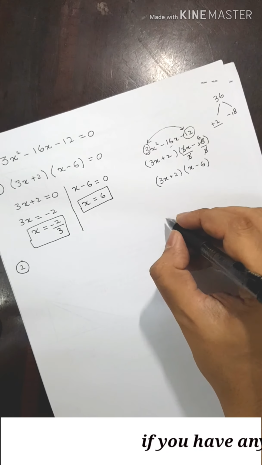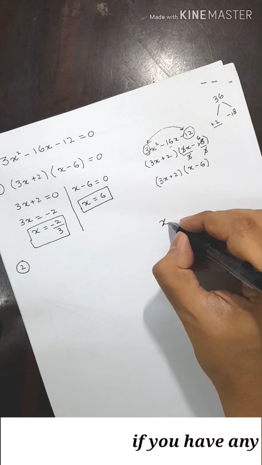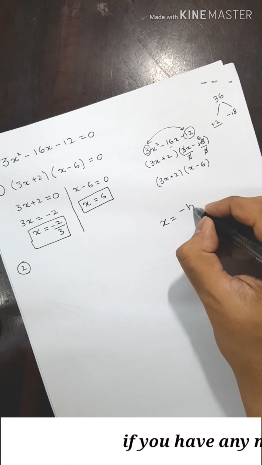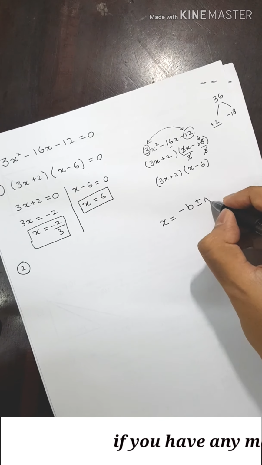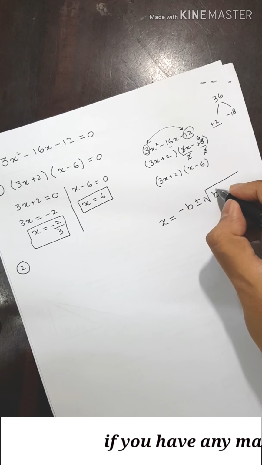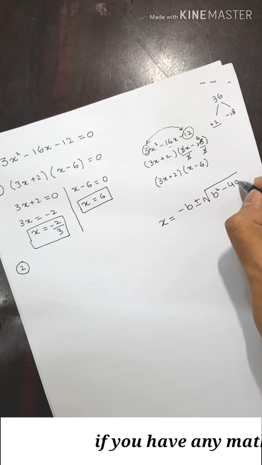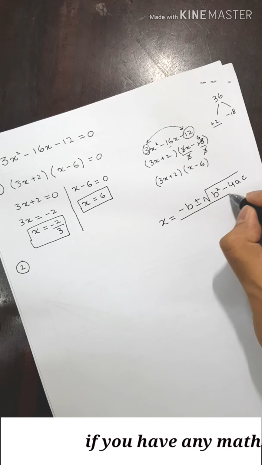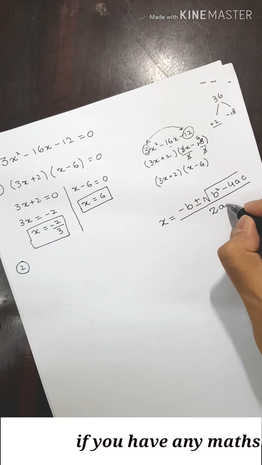So what is the quadratic formula? The quadratic formula is x equals minus b plus minus under root b square minus 4ac over 2a.